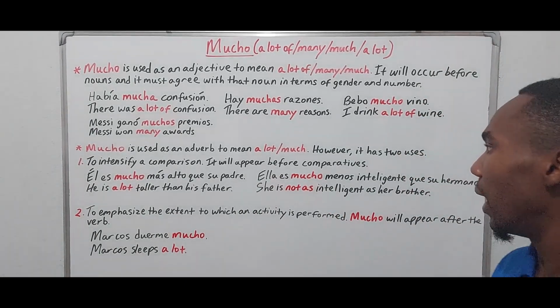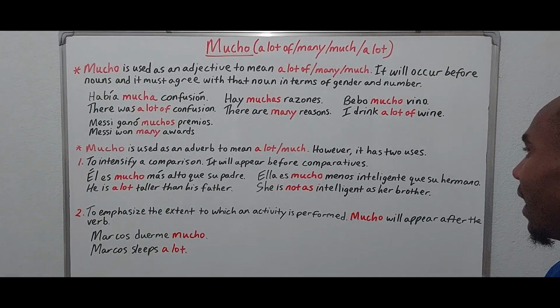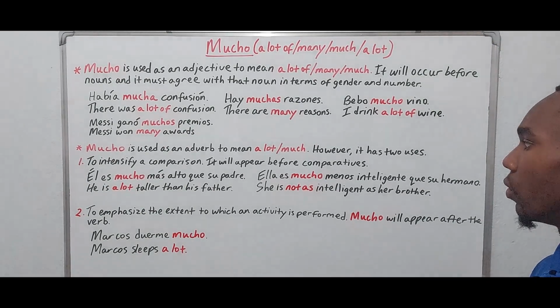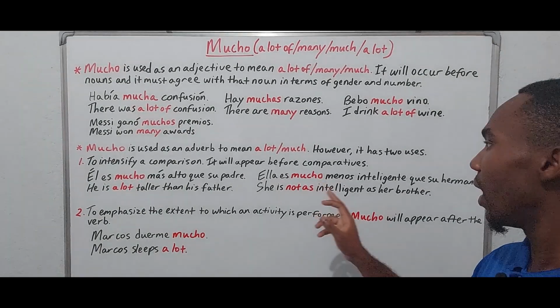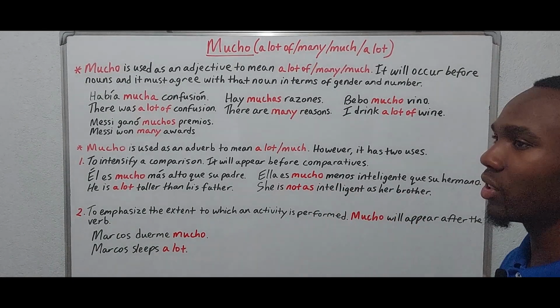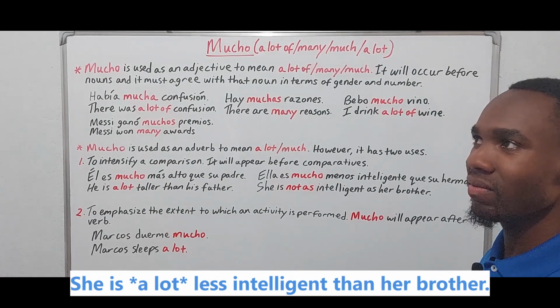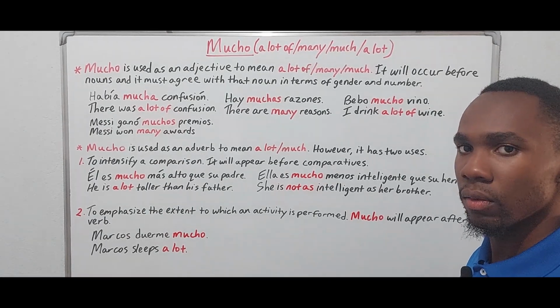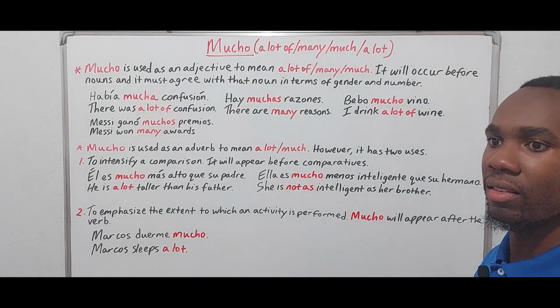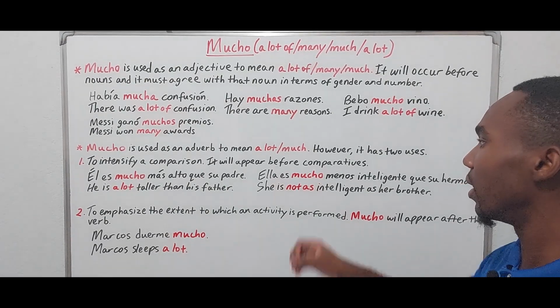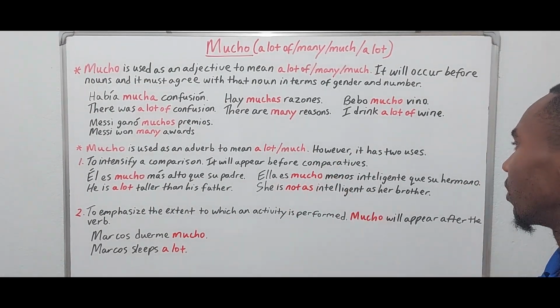Over here, ella es mucho menos inteligente que su hermano. She is not as intelligent as her brother. We could translate this as she is less intelligent than her brother, but that's a little too literal. So we will make it sound less awkward by saying she is not as intelligent as her brother.